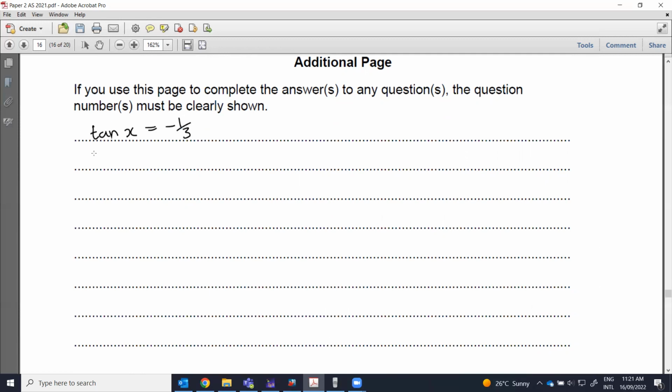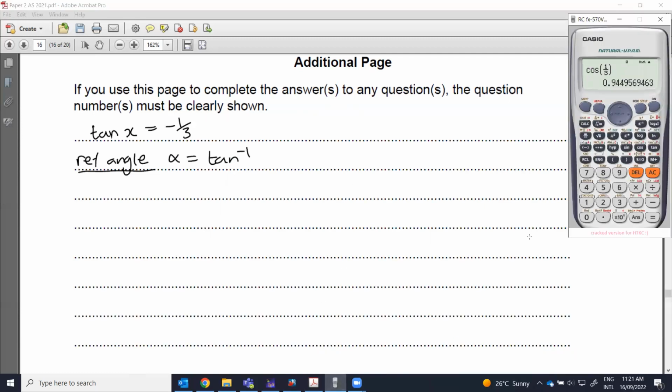So first thing is our reference angle. Usually we call the reference angle alpha. This is tan inverse. When you're finding the reference angle, you ignore the negative. Never type in the negative when you're finding the reference angle. So you go to your calculator, switch the mode back to degrees because now we're working in degrees.